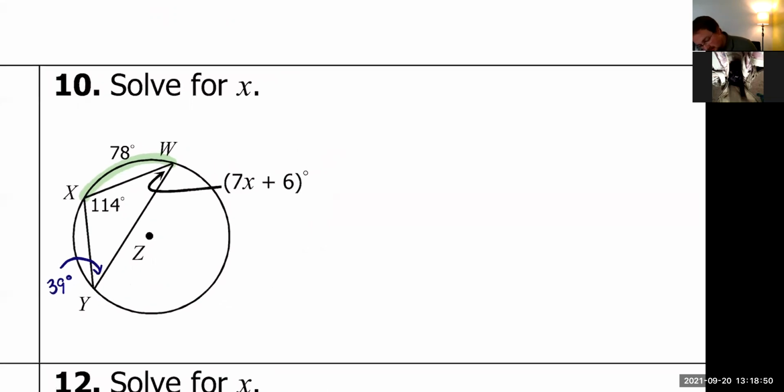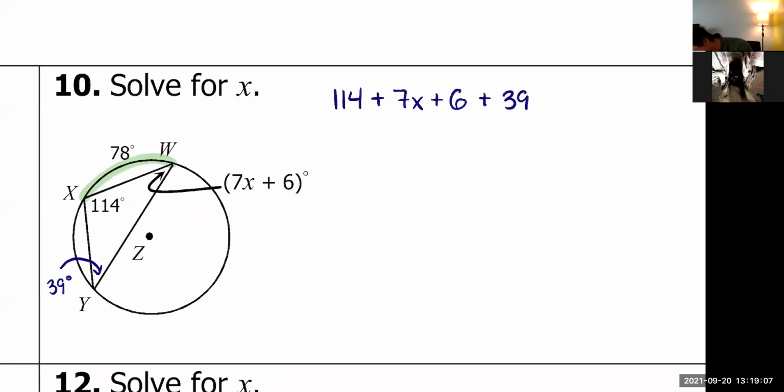Which means they should all add up to 180. So the 114 plus the 7x plus 6 plus the 39 degrees that we just found are all three angles in a triangle. So the total should equal 180. As I go through here, like terms, 7x is still just chilling out.